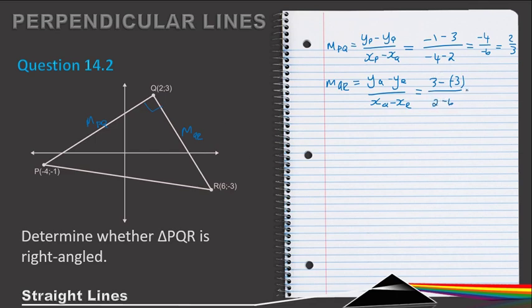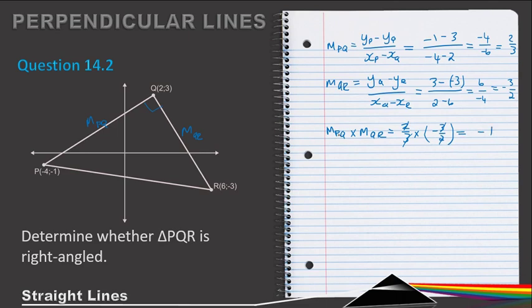And this then is equal to 6 over -4, and that is equal to -3 over 2 if I simplify that. Now what is gradient of PQ times gradient of QR? If I substitute in the values, we've got 2 over 3 times -3 over 2. So the 2's will cancel, the 3's will cancel, and I'm left with -1.